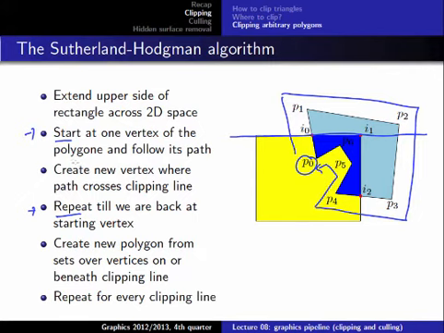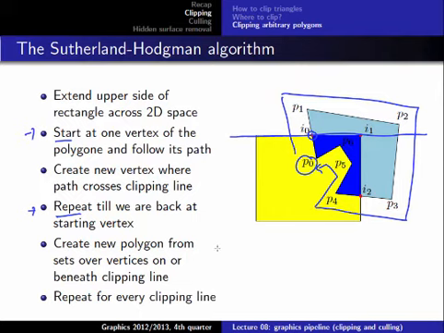While we are doing this, every time we cross, we check if there is an intersection. If there is, we calculate the intersection point and enter that into our sequence of points.